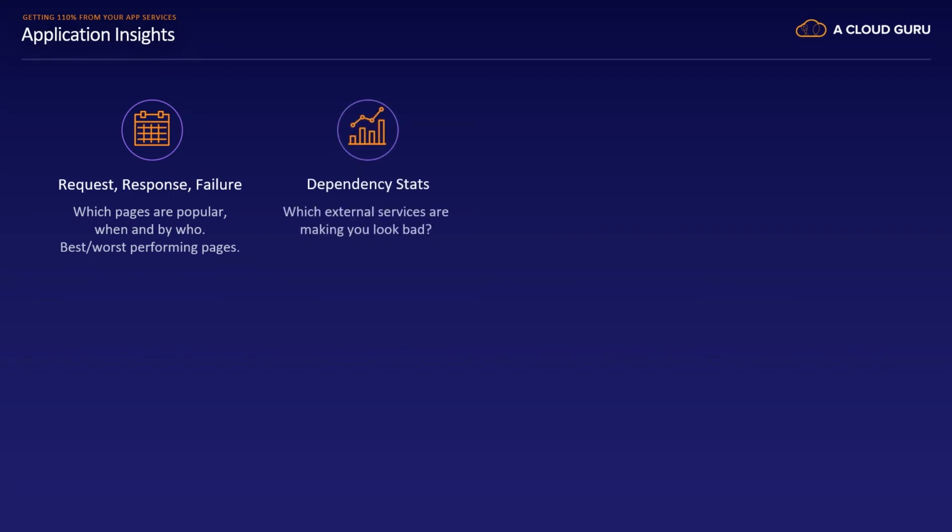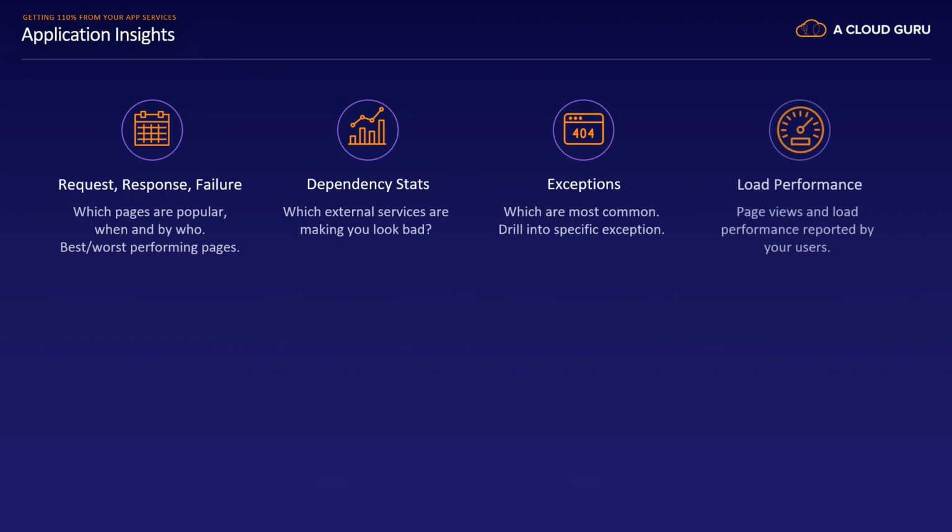Dependency rates, response times, and failure rates: find out whether external services are slowing you down. Exceptions: get some aggregated statistics or drill into the stack trace of a single one and its related requests. Both server and browser exceptions are reported. Page views and load performance. These are reported by your users' browsers. AJAX calls from web pages. You get rates, response times, and failure rates.